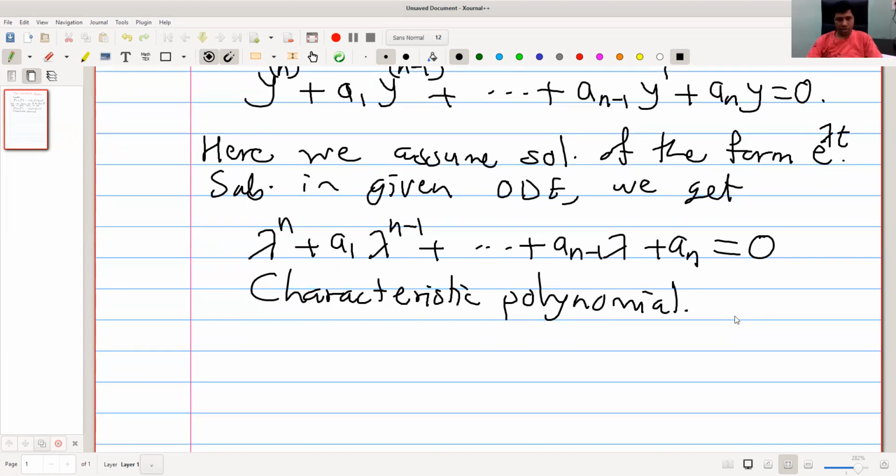If we have distinct roots, say lambda 1, lambda 2, and so on, lambda k, then the solution corresponding to these distinct roots will be a linear combination of e raised to lambda j t, multiplied by some constants.